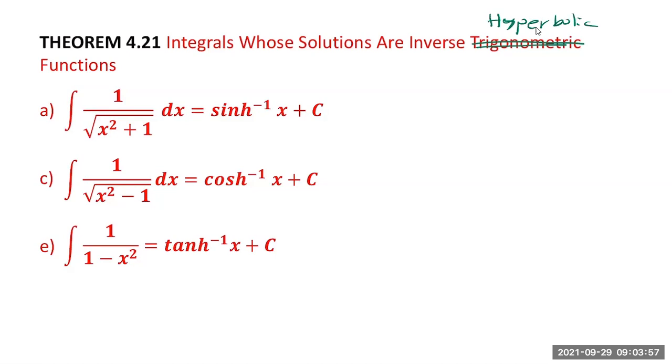The indefinite integral of 1 over square root of x squared plus 1 is equal to inverse hyperbolic sine x plus c. And the second formula is the indefinite integral of 1 over x square root of x squared minus 1 is equal to inverse hyperbolic cosine x plus c, and the indefinite integral of 1 over 1 minus x squared is equal to inverse hyperbolic tangent x plus c. Okay.